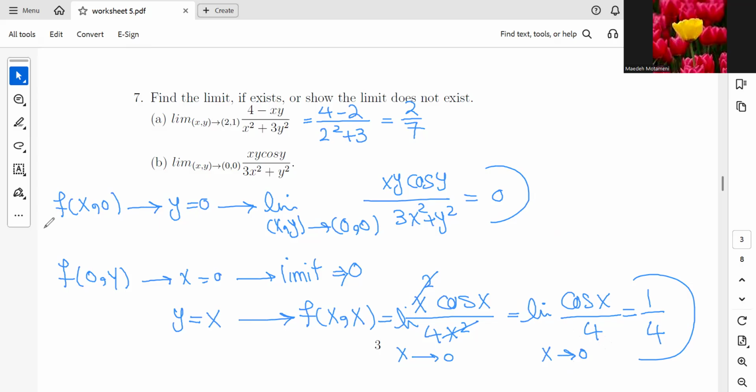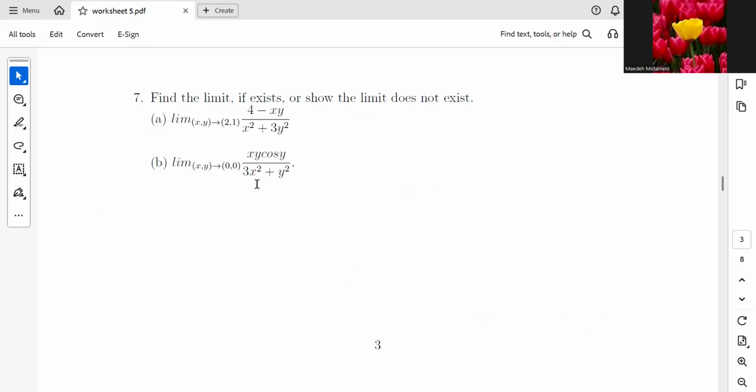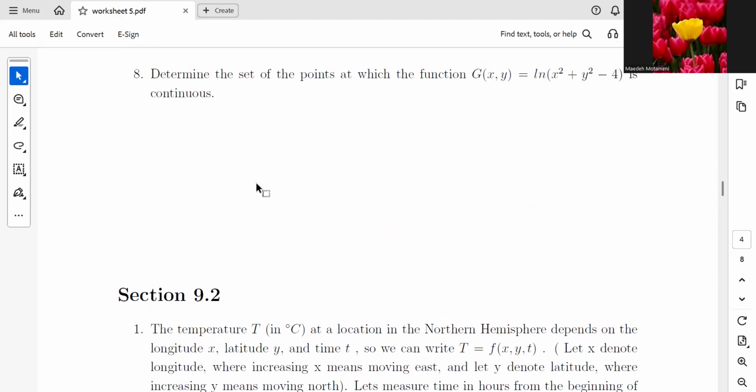Number 8. Determine the set of the points at which the function that is given to us is continuous. About this function, we know that ln of something is going to be defined when this amount is positive.